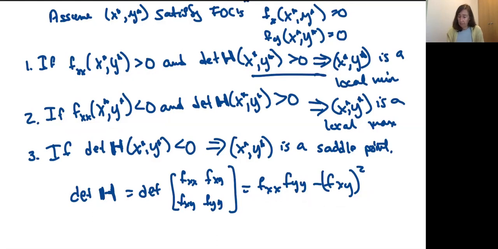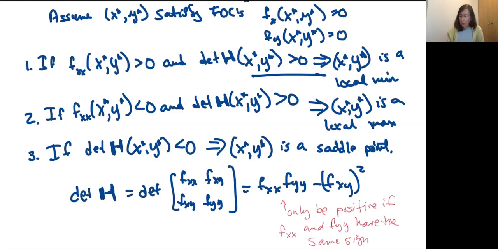Okay, so let's put that out. The determinant can only be positive if f xx and f yy have the same sign.